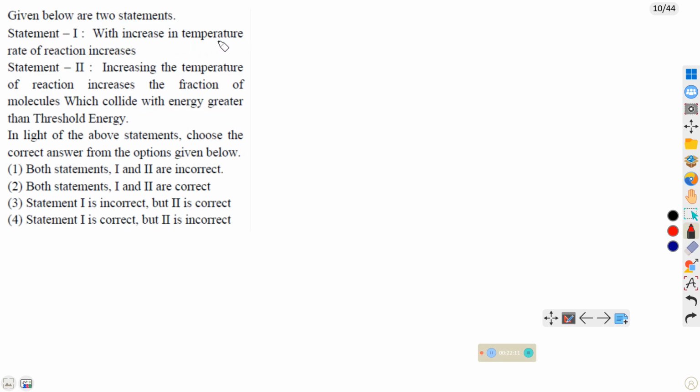Statement 1: with increase in temperature, rate of reaction increases. Correct. How? On increasing the temperature, molecules gain more kinetic energy. That's the reason rate of reaction increases.